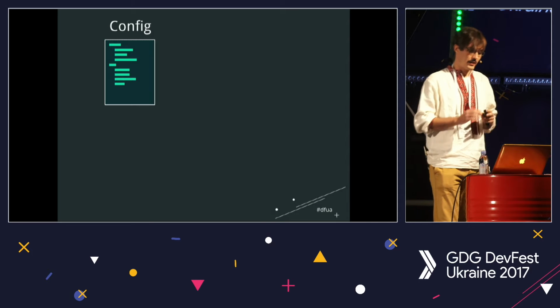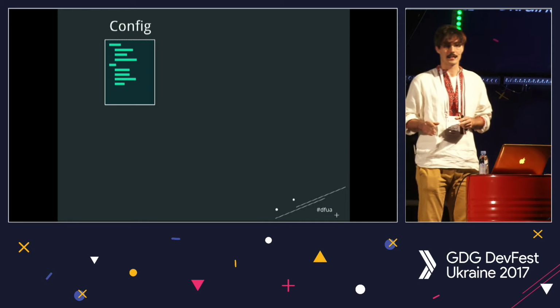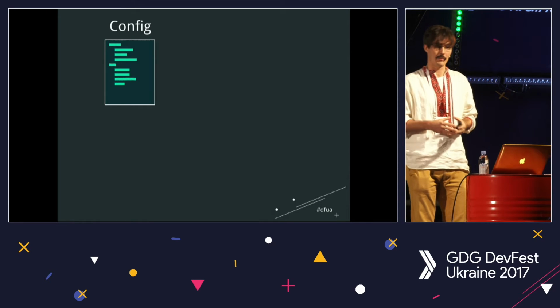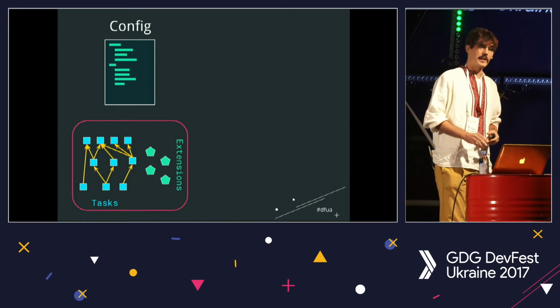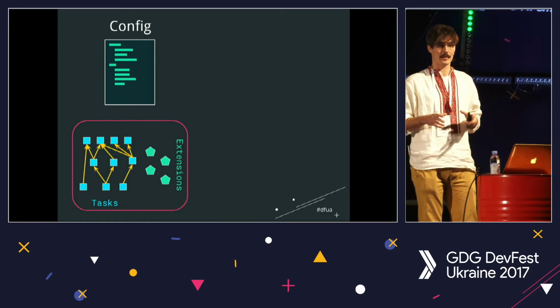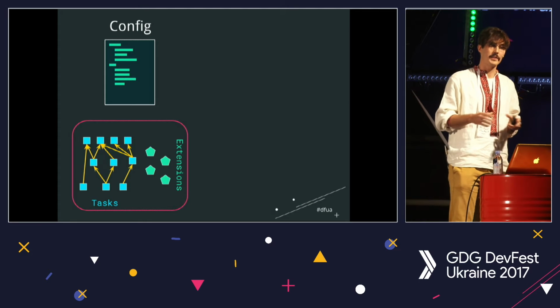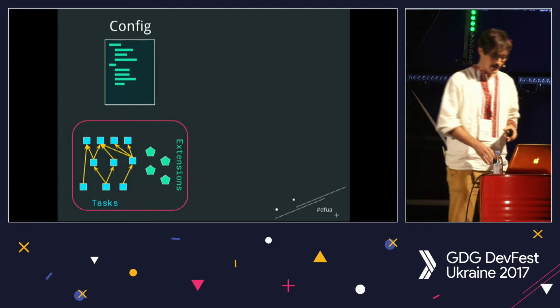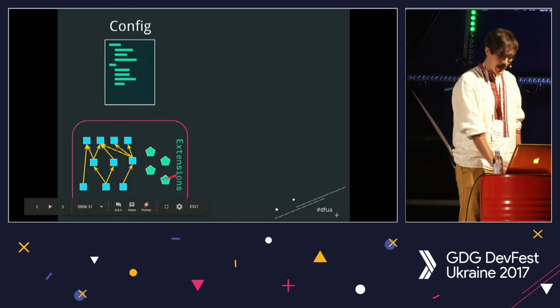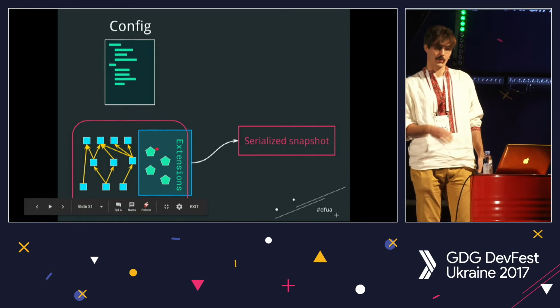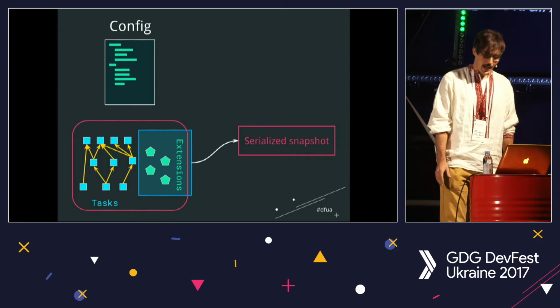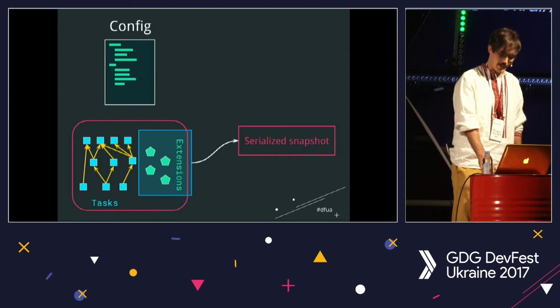And don't add extensions to our build script. After this, we call a special task that will build our dynamic environment and all dynamic entities in it, for example, extensions. This task will take a snapshot of all these dynamic entities and serialize it into some file.